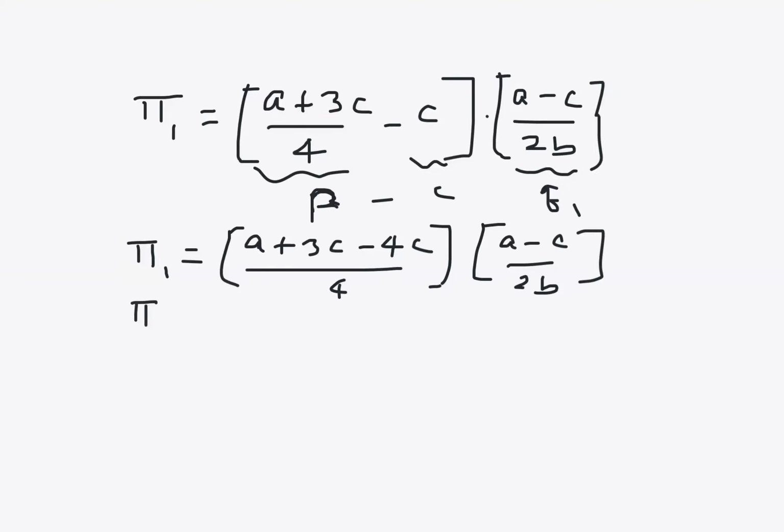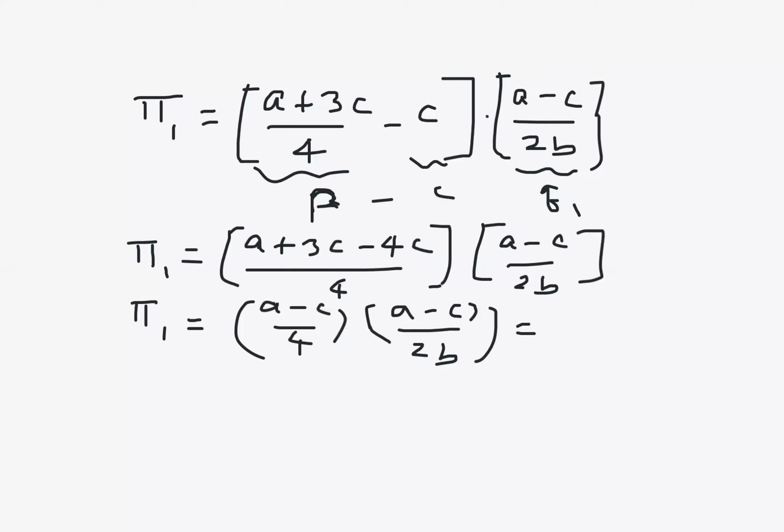So the profit of firm 1 is equal to (A minus C) over 4 times (A minus C) over 2B. So this will be equal to (A minus C) whole squared over 8B. So this is the profit of firm 1.